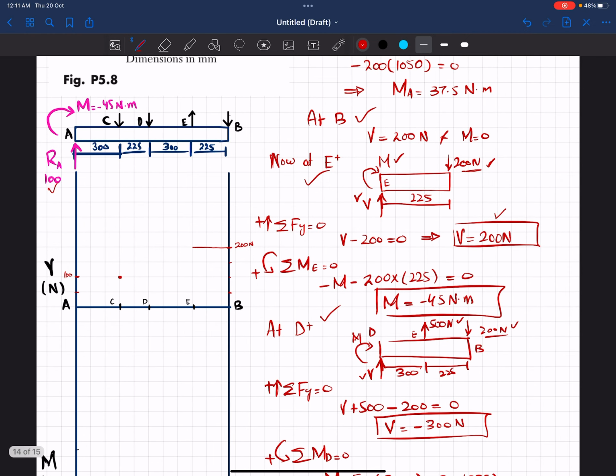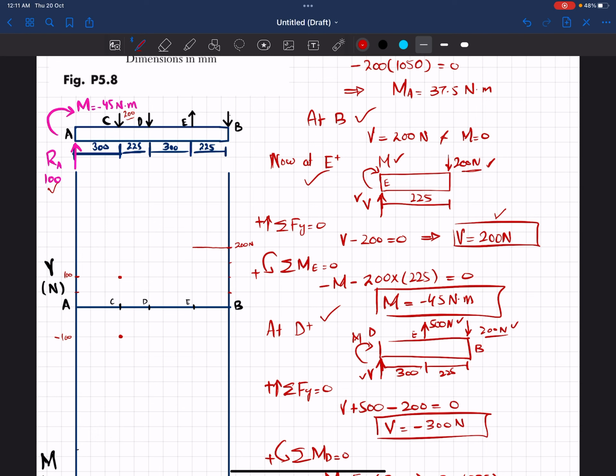At point C we have minus 100, because the load is now changing. At C we have 200, so 100 minus 200 is minus 100.